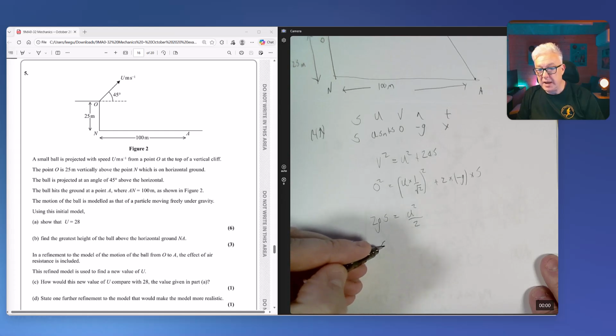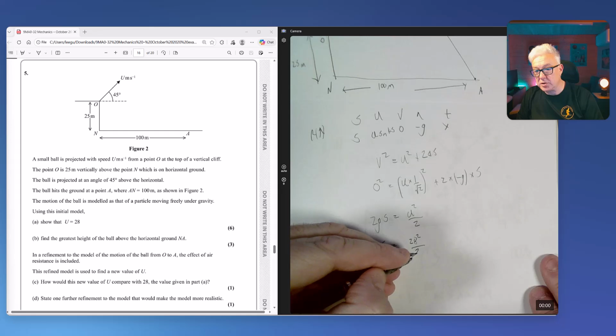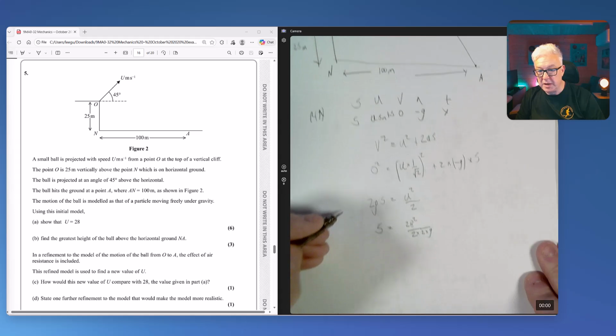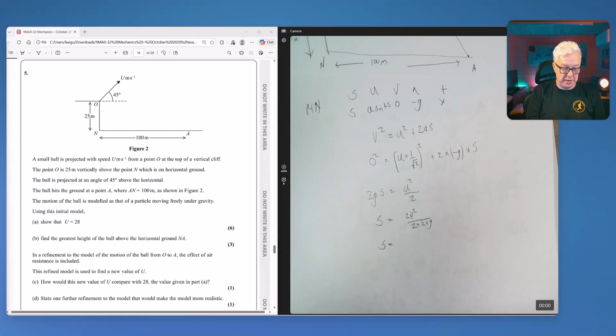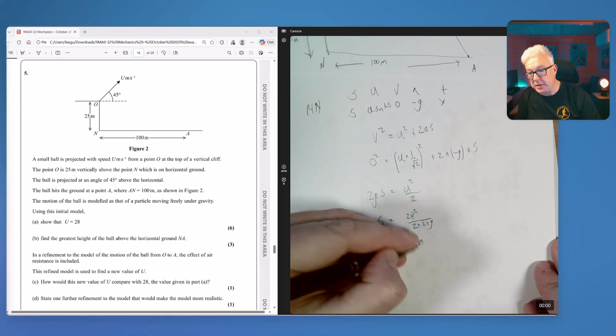So we can say that S, what we're trying to find, is 28 squared over 2 divided by 2 times G, like so. Let's work out what that gives us for our S. So 28 squared over 2 times 9.8 gives me 20 as the value of S, so 20 meters.